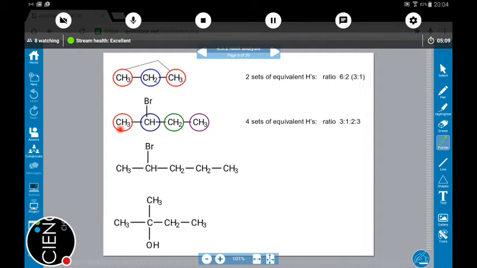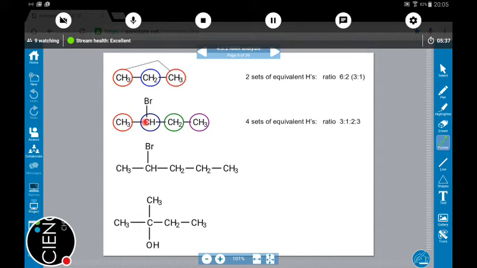This CH3 is next to a CHBr. Say that again. This CH3 is next to, or neighboring, a CHBr. This CH3, however, is not next to a CHBr. Instead, this CH3 is next to a CH2. So this CH3, because it has a different neighbor here, is different to this CH3, which has a different neighbor over here.